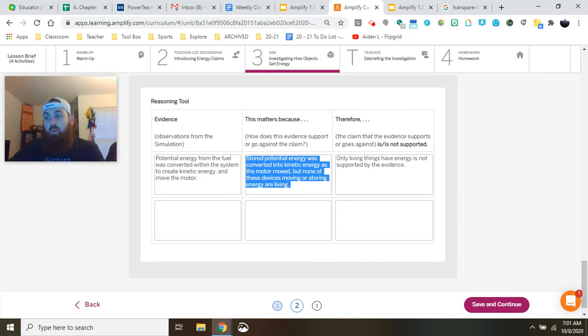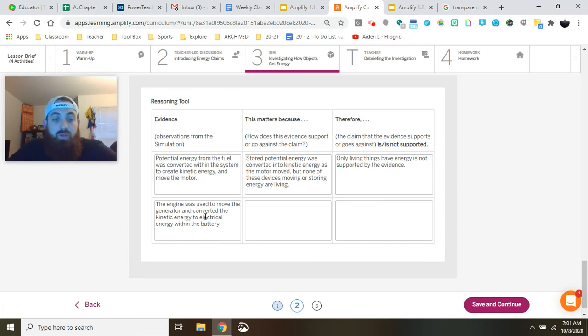Okay, let's do that one more time. So again, here's my evidence. The engine was used to move the generator and converted the kinetic energy to electrical energy within the battery. Again, just something I observed, no explanation, no crazy detail, just the things I saw. So I know that only living things have energy is not supported by this evidence. This evidence does not support this claim.